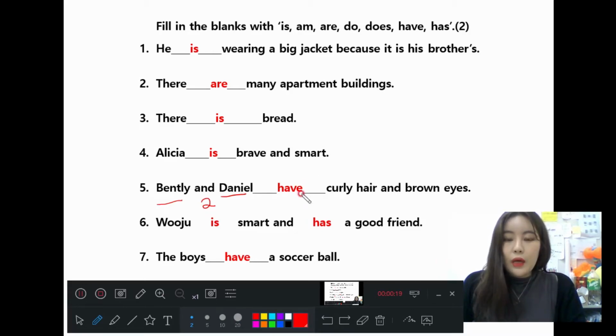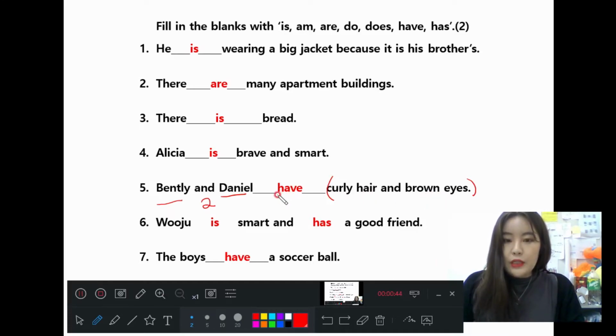And now, as we are choosing the correct form, we know that we cannot use is or am or does or has, right? Because it's a plural subject. So it's gonna be either are, do, or have. But let's take a look at the rest of the sentence. Curly hair and brown eyes를 가지고 있다.